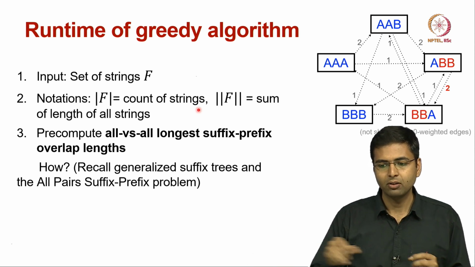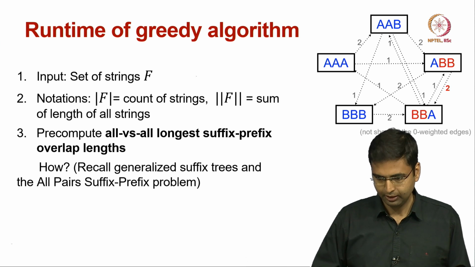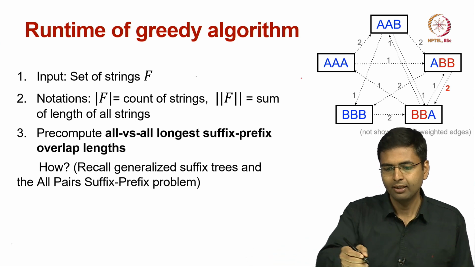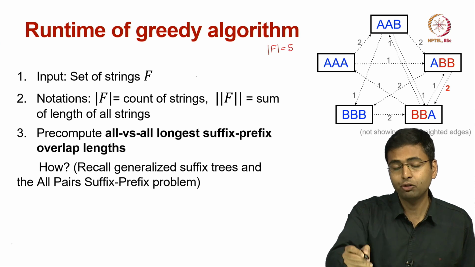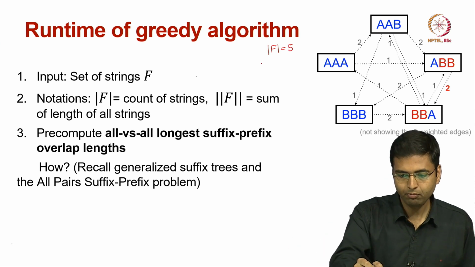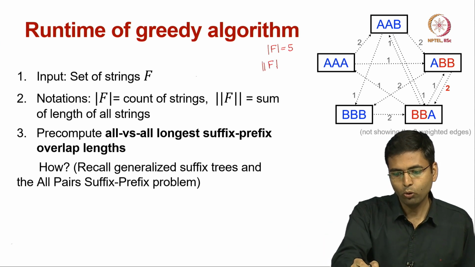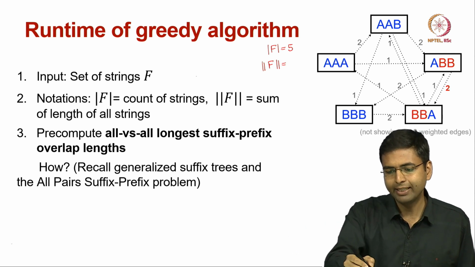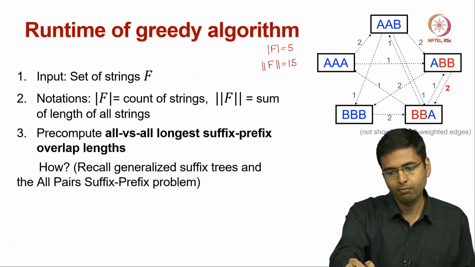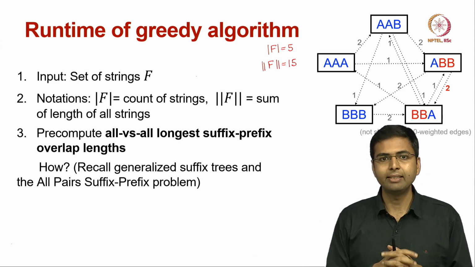In the example shown on the right, the number of strings is 5, and the total sum length is 3 times 5, that is 15. So, these are the notations that we are using here.